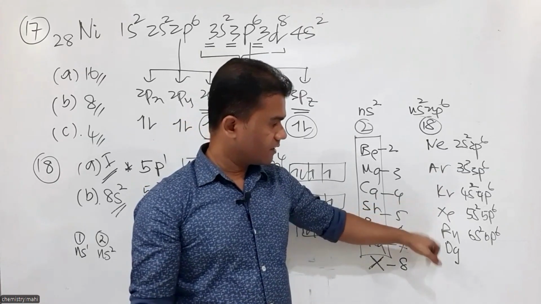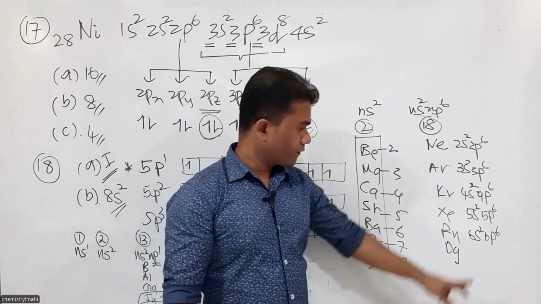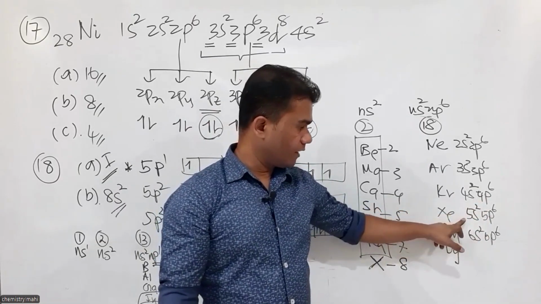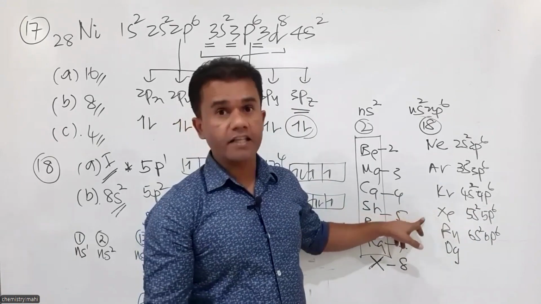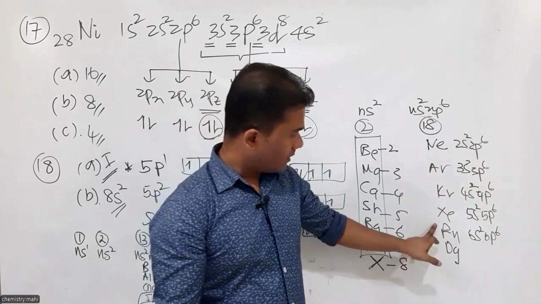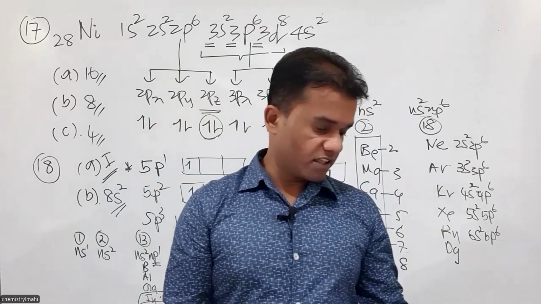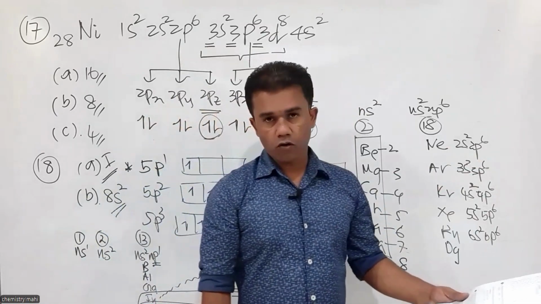Then what is it? Xenon. In xenon, before you come to 5p6, you complete 5s2, and after 5s2, 4d is completed, then you move forward. That means in xenon, 4d is completed. So it's the noble gas with electrons occupying 4d orbitals.